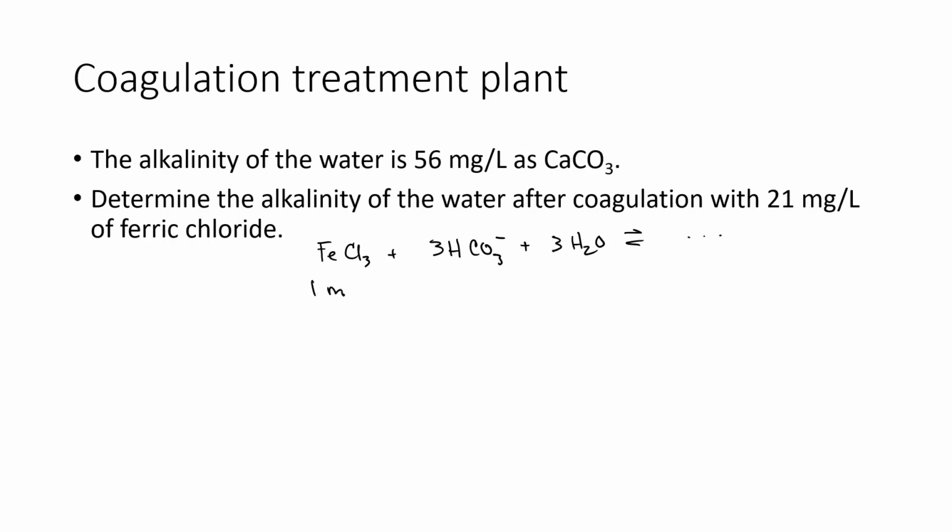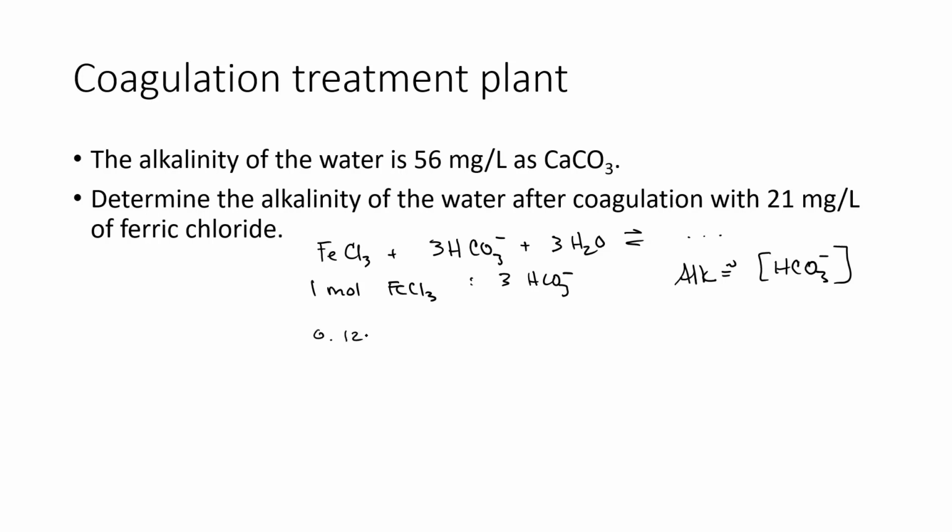So 1 mole of ferric chloride is consuming 3 moles of bicarbonate. And as I mentioned, because of the pH, we can assume that alkalinity is approximately equal to bicarbonate. So we're just looking now at stoichiometric ratios.